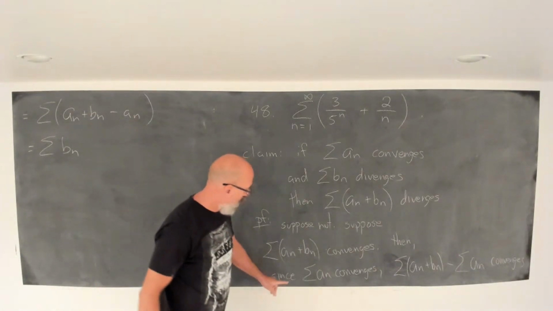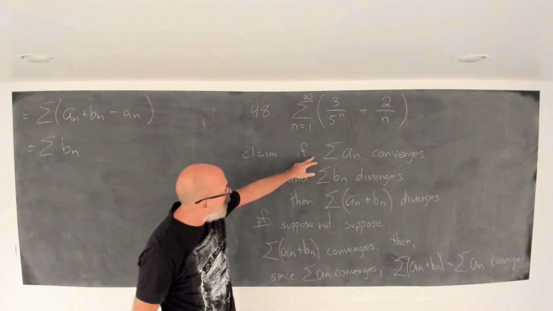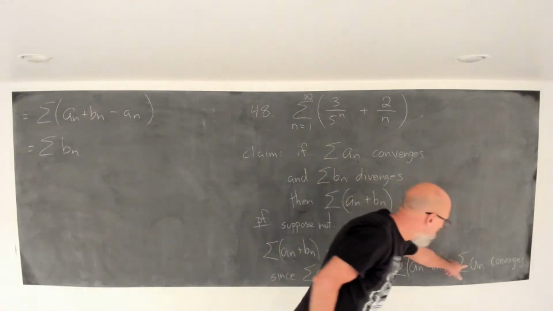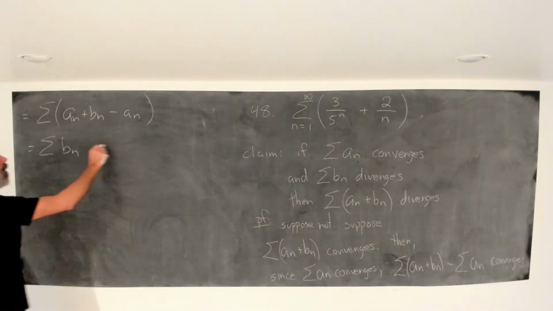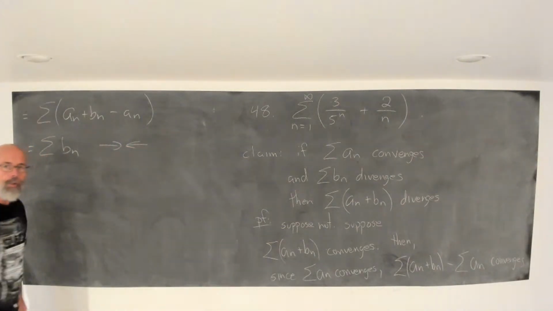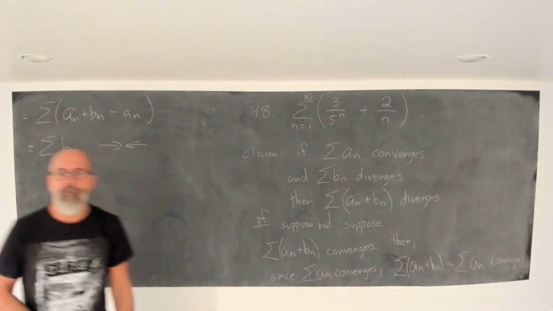So if this converges, since this one converges as well by assumption, then the difference is going to converge, but the difference is BN. Contradiction, because the BN is assumed to diverge.